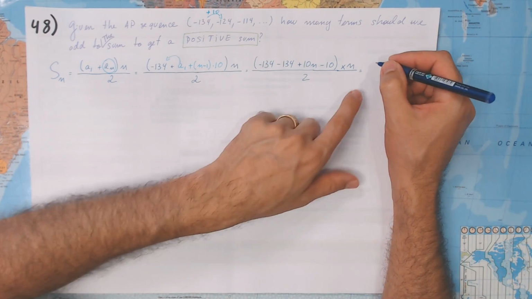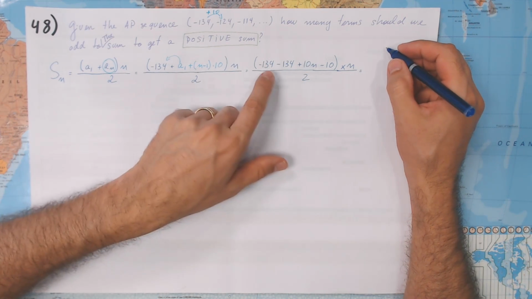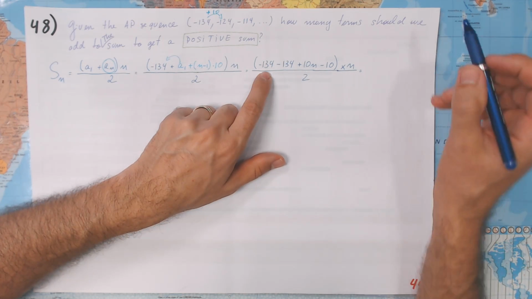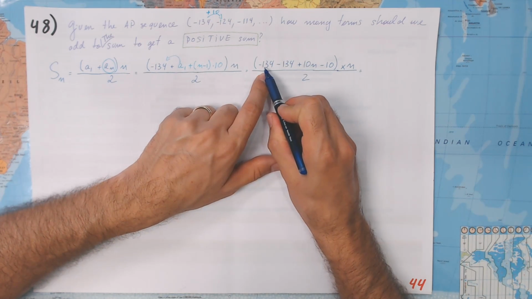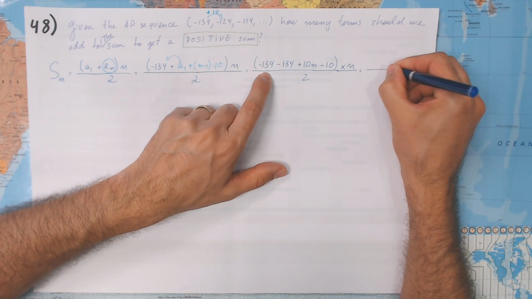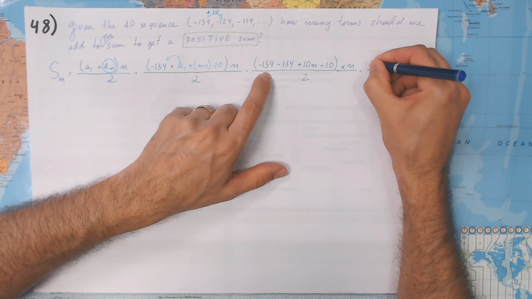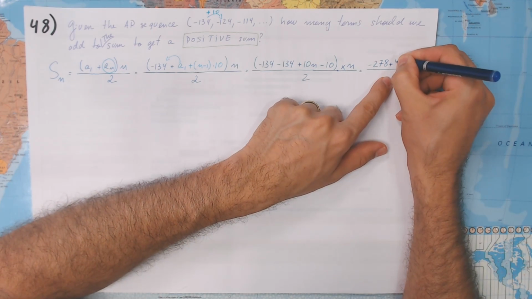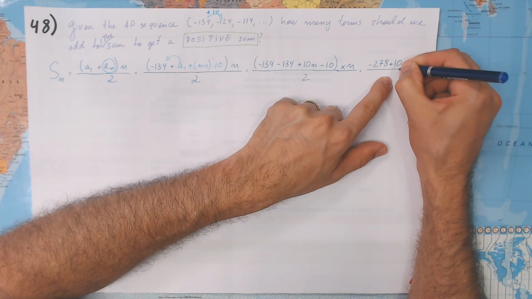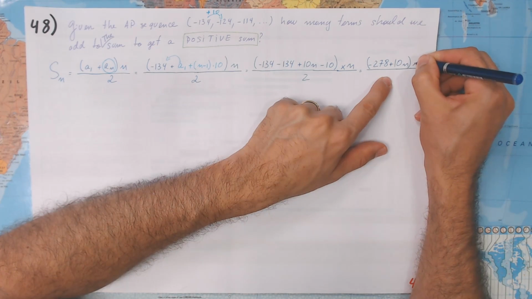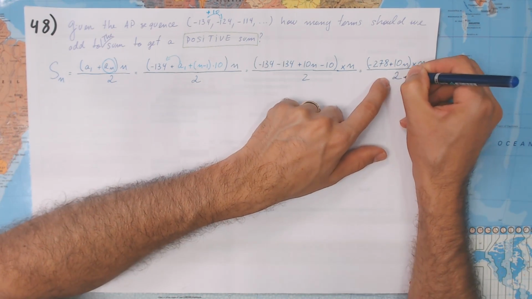What is that? Well, minus 268 minus 10. So this is going to be minus 278 plus 10n, times n divided by 2.